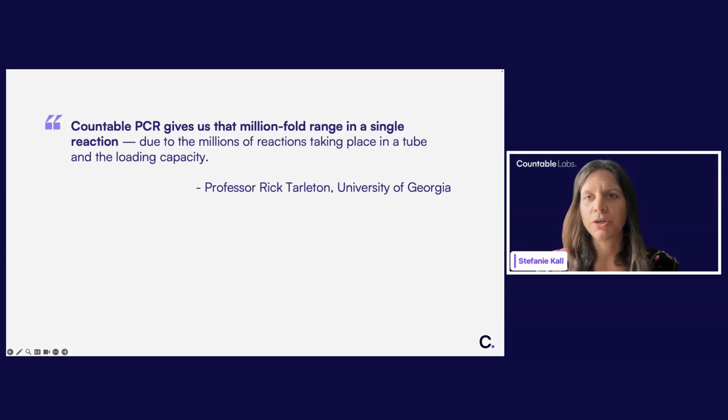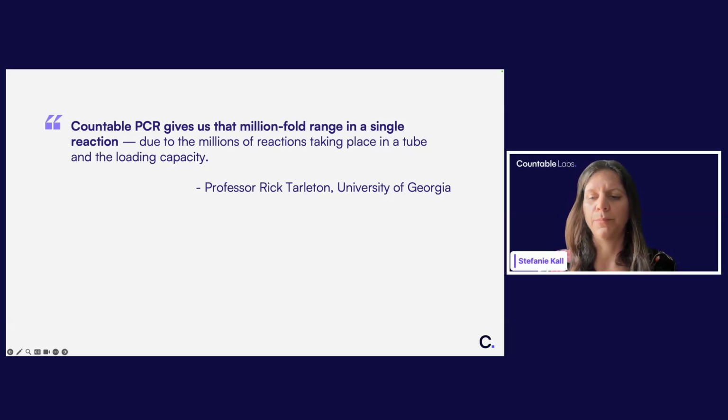As we wrap up, I want to share a couple other customer testimonial pieces. First, we have a collaborator, Rick Tarleton at University of Georgia. They use their instrument to investigate Chagas disease, and what he finds really powerful for this is the million-fold range in a single reaction.